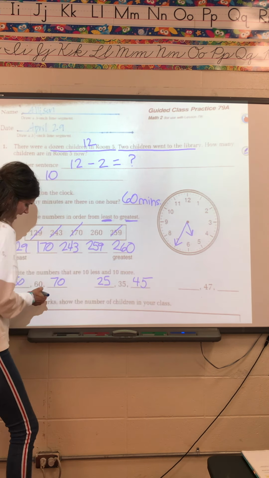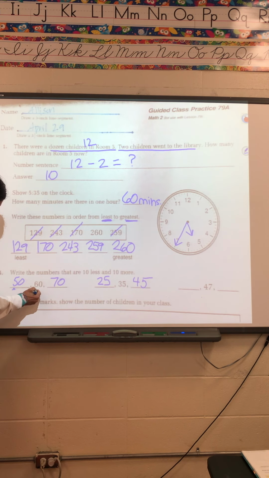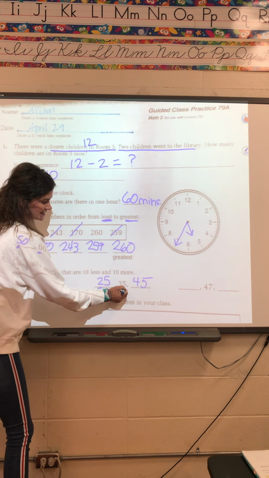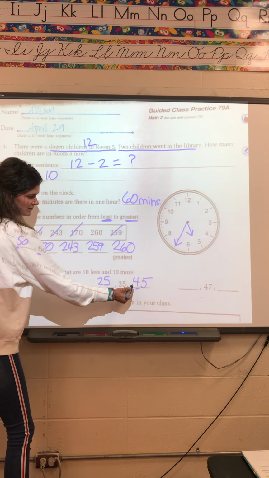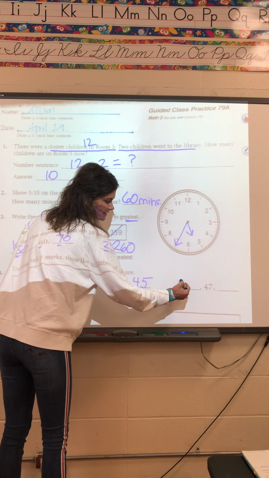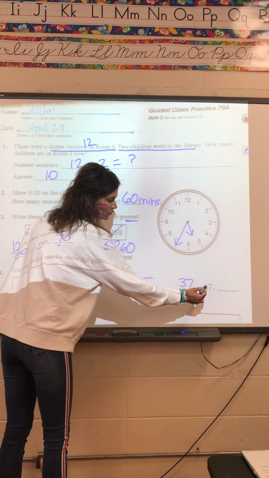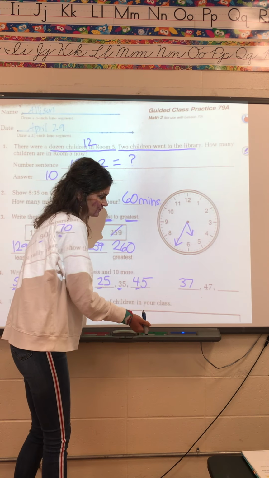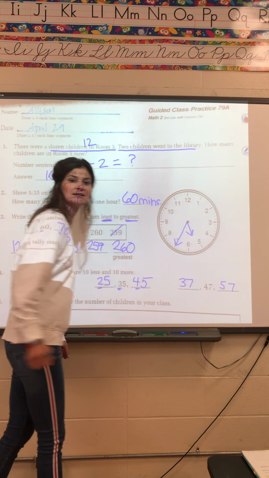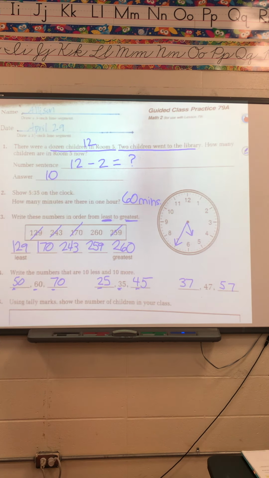Do you see how the number in my tens place is the one changing? Do you see that? 25, 35, 45. What is 10 less than 47? 37. What is 10 more than 47? 57. Do you see that?